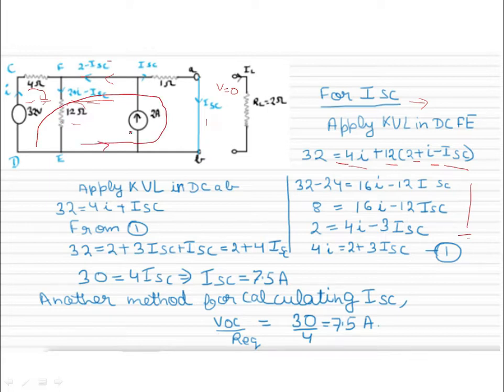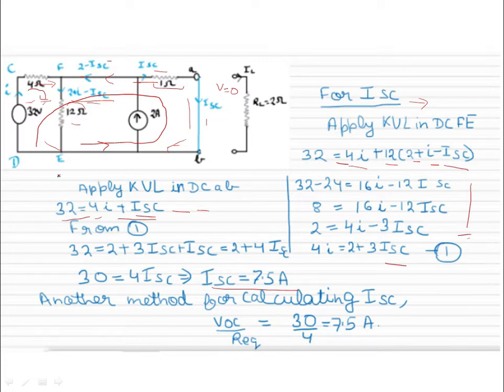So we'll apply KVL in this loop. 32 volt is equal to 4I, and then you don't have any element here, and then here we have 1 ohm and current ISC is flowing in it, therefore plus ISC. So this is the equation. Now you have these 2 equations and 2 variables. So we'll solve this, and therefore ISC is equal to 7.5 ampere.